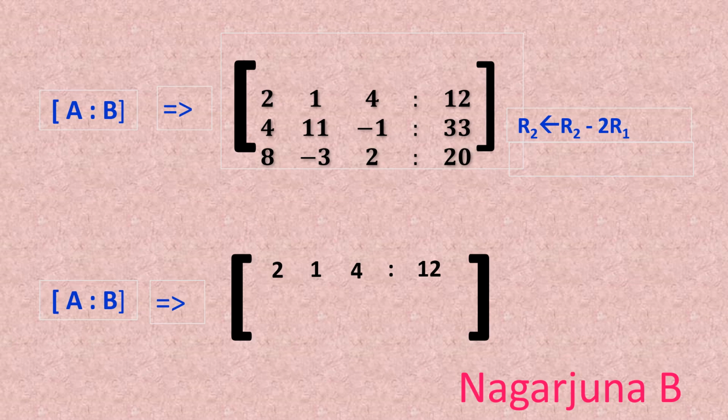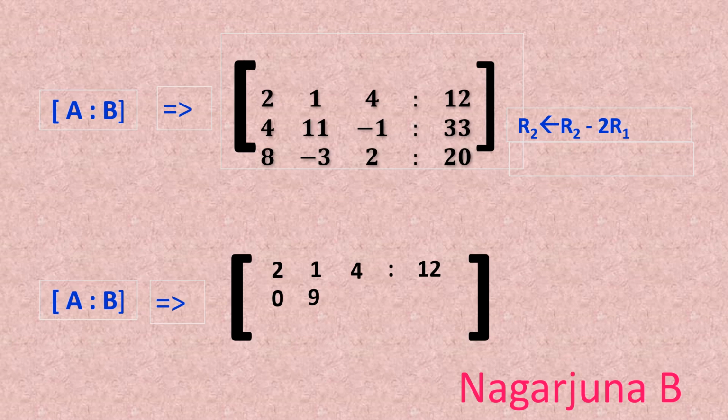So the first element of R2 is 4 minus 2 into the first element of R1, which is 2. Minus 2 into 2 is minus 4. 4 minus 4 will be equal to 0. Then next, the second element of R2 is 11 minus 2 into the second element of R1, which is 1. Minus 2 into 1 is minus 2. 11 minus 2 is 9. The next, minus 1 is the third element of R2, and the third element of R1 is 4.